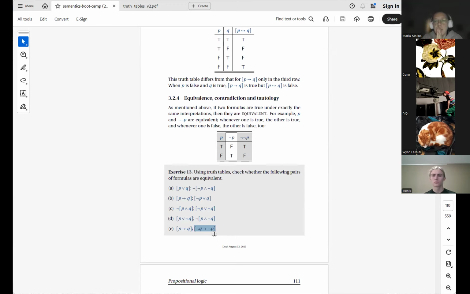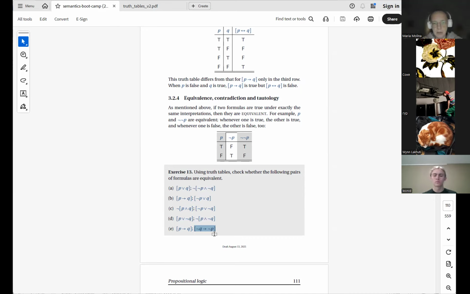So, if P then Q is the same as: if not Q, then not P. If Q is false, then P is false. In rain terms, if it rains, the lawn is wet.